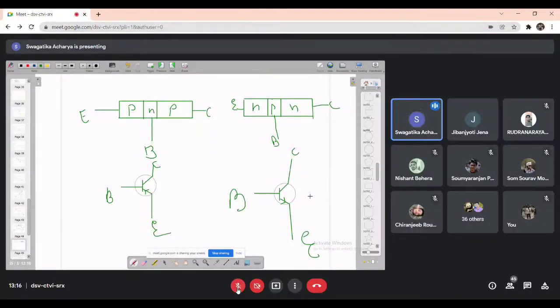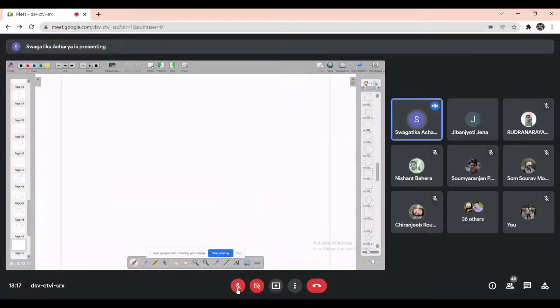Now there are some configurations involved. There are three different types of configuration. One is common base.